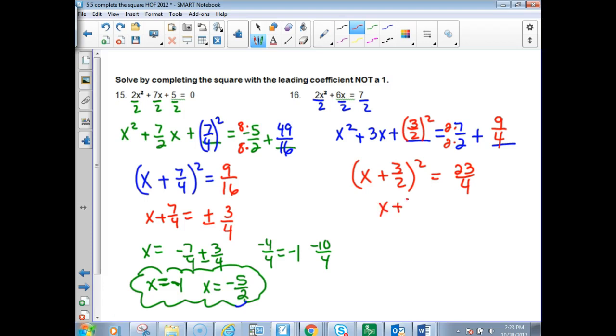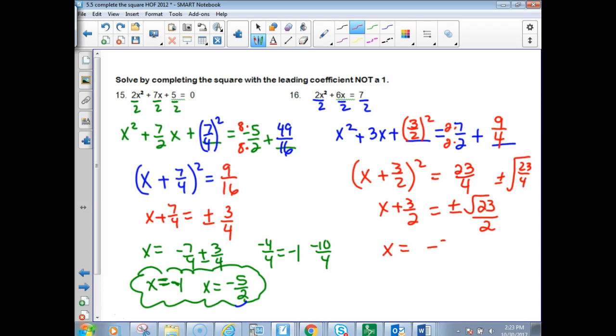Take the square root of both sides. We're going to have the square root of 23 over the square root of 4, plus or minus. The square root of 4 is 2. I'll show you, I'm just doing that and simplifying it, and that's what it is. Then I subtract 3 halves.